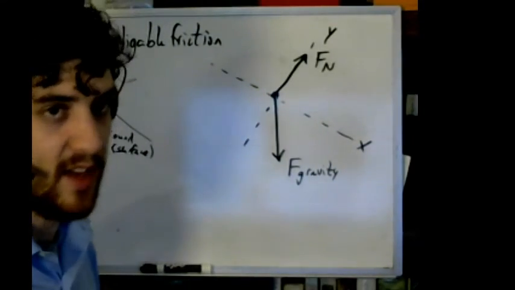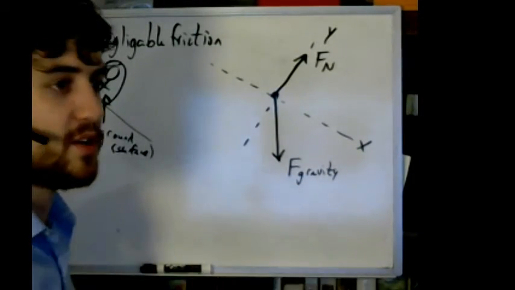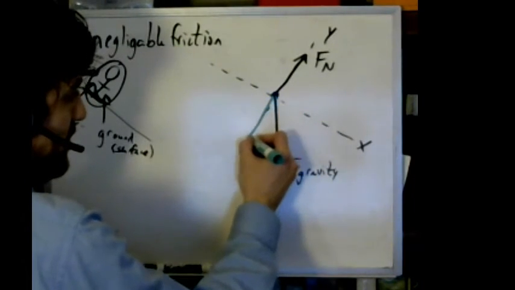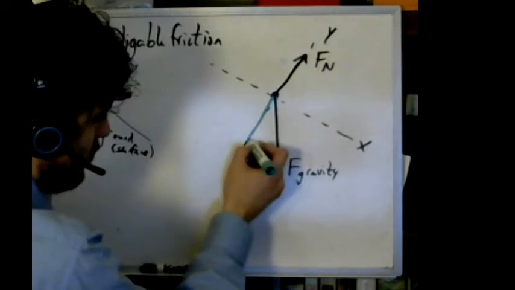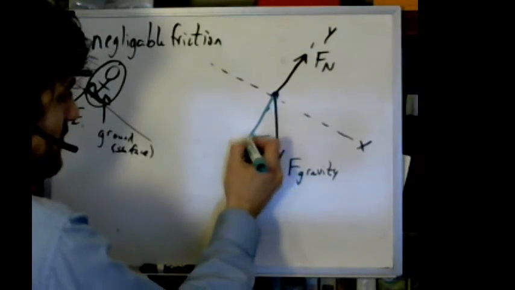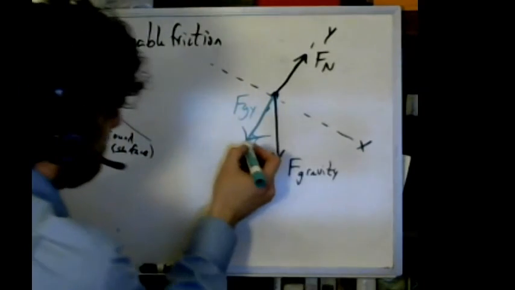Gravity is not behaving. It isn't along one of our axes, so we break it into components. We draw one component along one of our axes, right out to the end. There's our right triangle. There's FG along the y-axis.